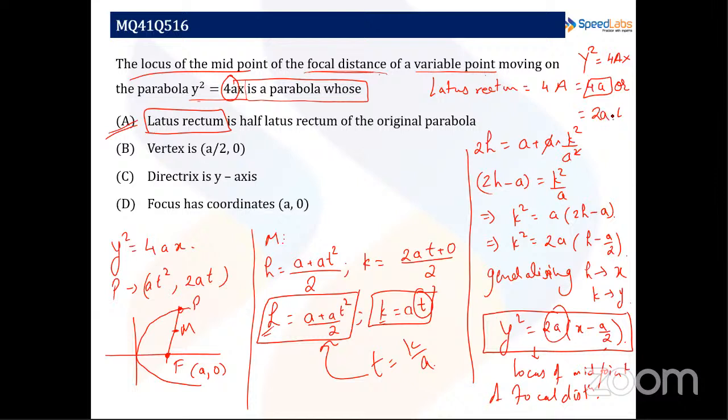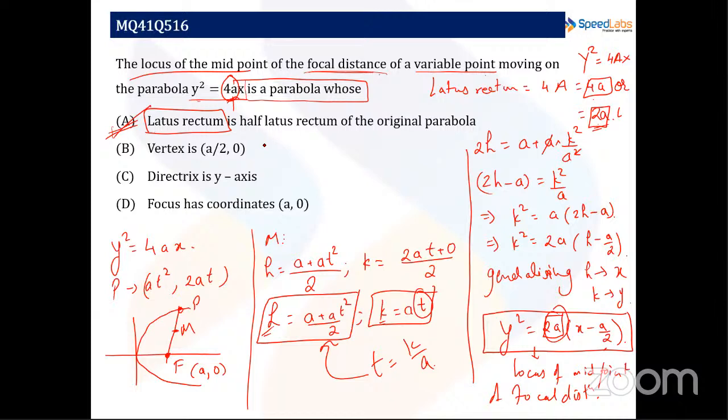So the latus rectum is half the latus rectum of the original parabola. Length of latus rectum is everything that is in front of x when y square equals to; compare it with 4a x, then you will get 4a equals to 2a. So the parabola we are getting here has half the latus rectum as compared to the original parabola. So option A is correct.